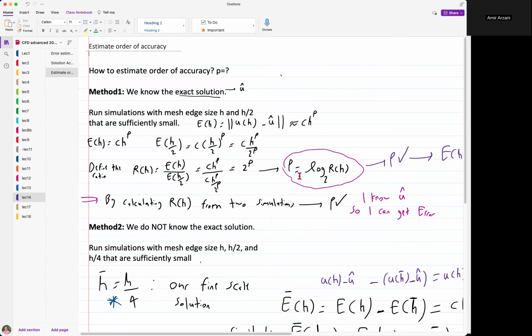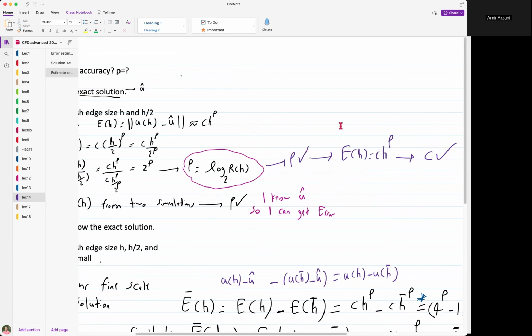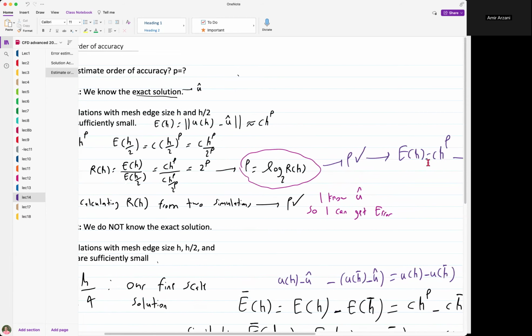So if I calculate this r as a function of h, which is nothing but the ratio of the errors for the two mesh edge sizes, which I can calculate because I've done the two simulations and I know the exact solutions, I can then use this formula to find the order of accuracy of my scheme. And once I do that, I can go back to one of these formulas and also find the constant.